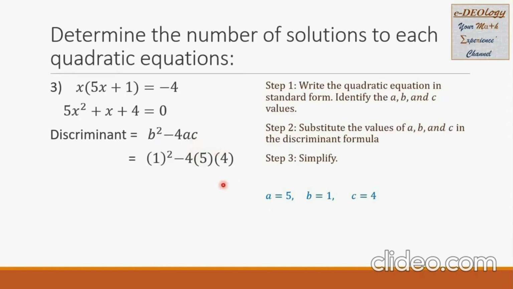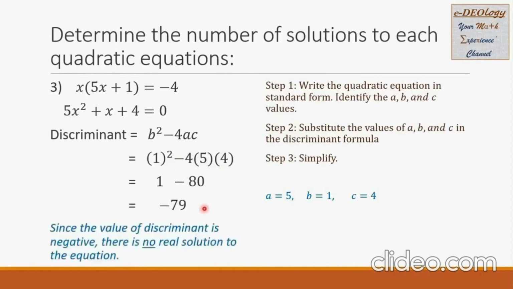Then we will simplify further. 1 square is 1 minus the product of 4 and 5 and 4, that is equal to 80. 1 minus 80 is negative 79. Since the value of discriminant is negative, there is no real solution to the equation.